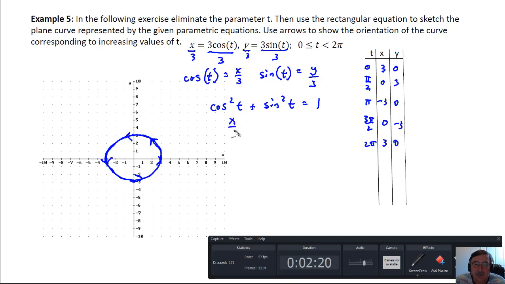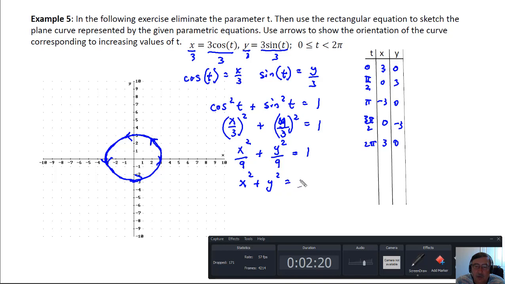And then substituting in these values, you will see, sorry, that should be a y there, that we will get x squared over 9 plus y squared over 9 equals 1. Squaring these two and multiplying through by 9, voila, there is our circle centered at 0, 0 with a radius of 3, and once again we have eliminated the parameter.